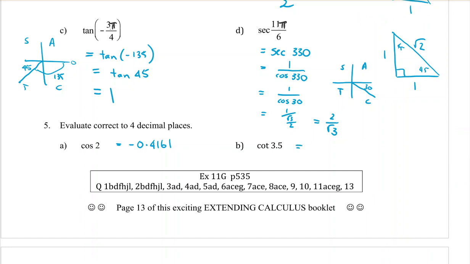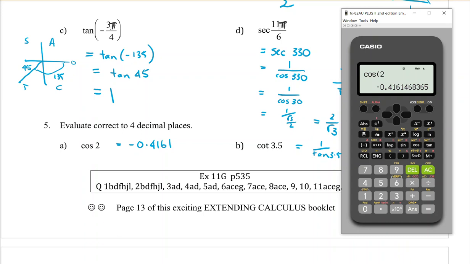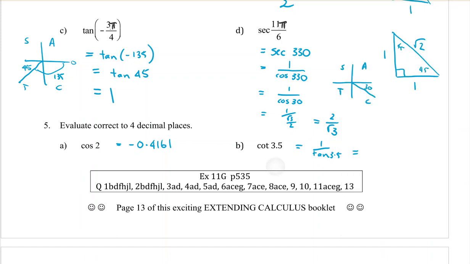Cot is 1 over tan of 3.5, because the third letter is T, so it's tan, and then we'll type that in. 1 over tan of 3.5. You have to close brackets if it's in a fraction, otherwise it'll give you an error, equals, so that is 2.6696 to 4 decimal places.